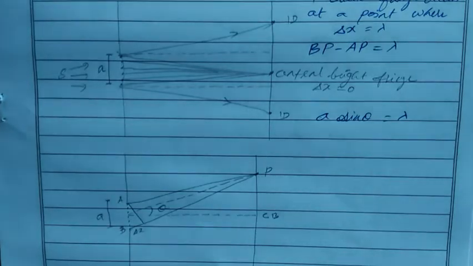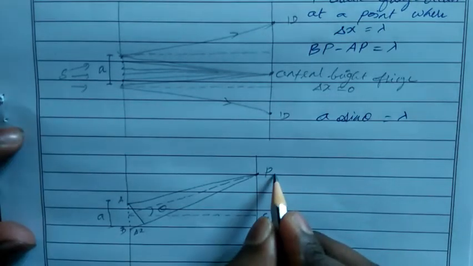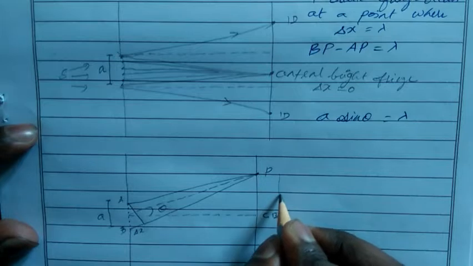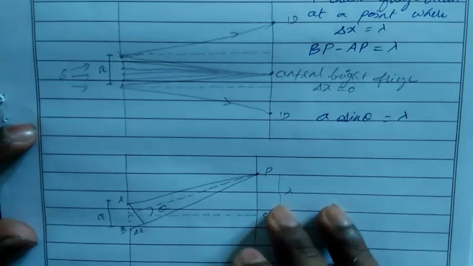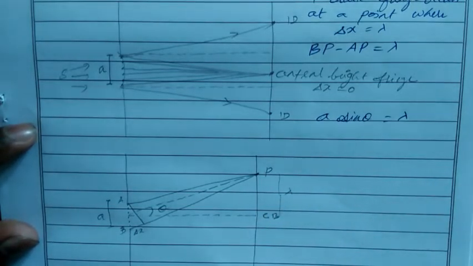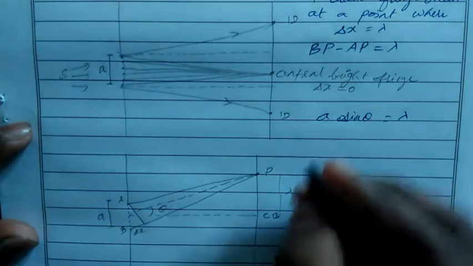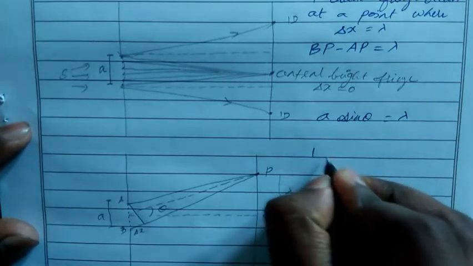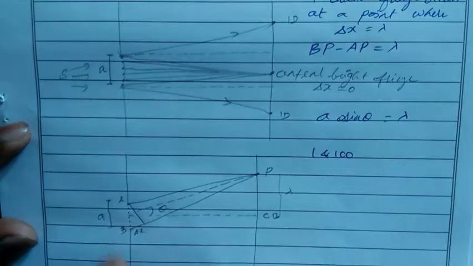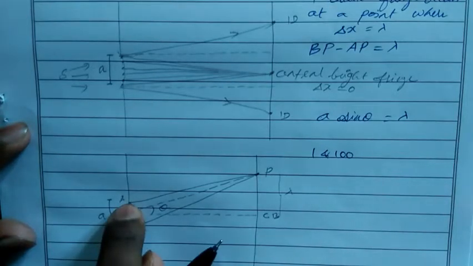So here the total path difference is taken as lambda. I am talking about path difference, not fringe width. So the total path difference is taken as lambda. For example, we have the first wave and the 100th wave.